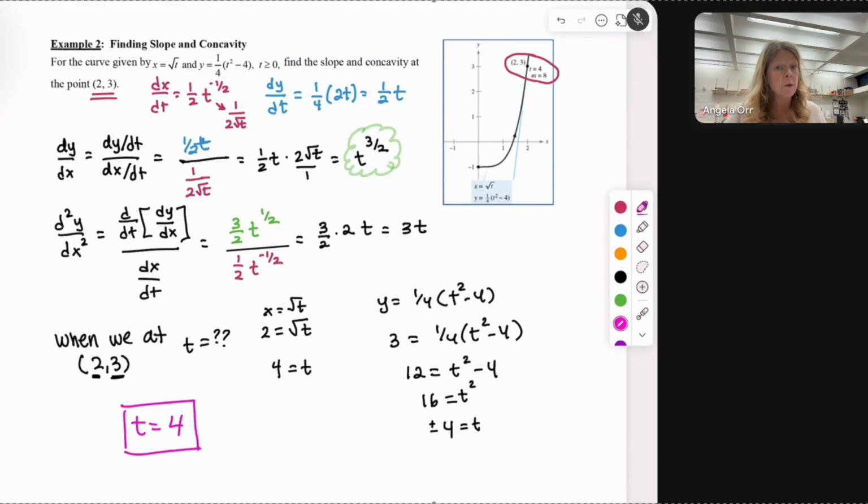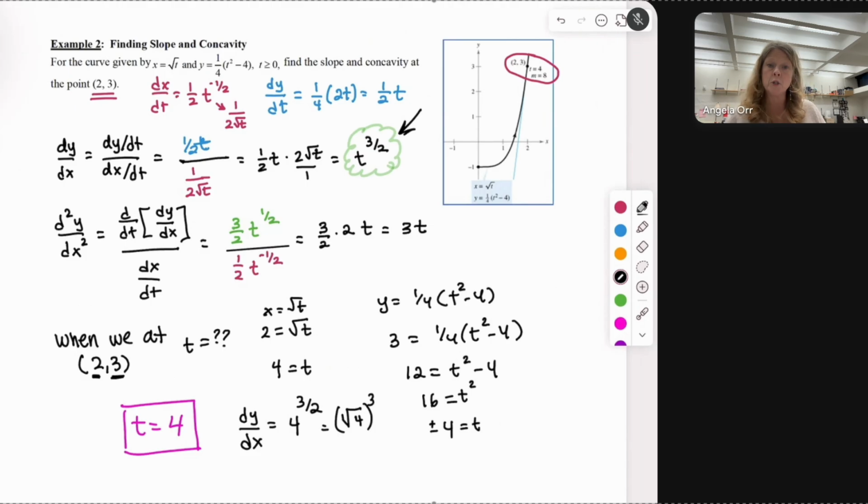Now that we know the value of t, we can figure out the slope at that time, and also the concavity for that value of t. When t is equal to 4, dy/dx must be equal to 4 to the 3/2 power, which is the same thing as the square root of 4 cubed.